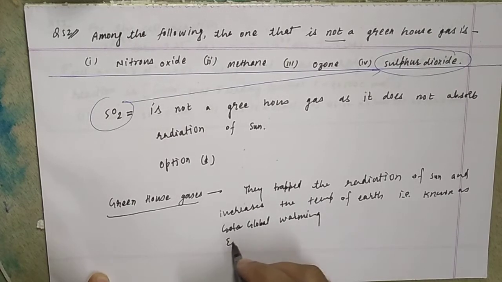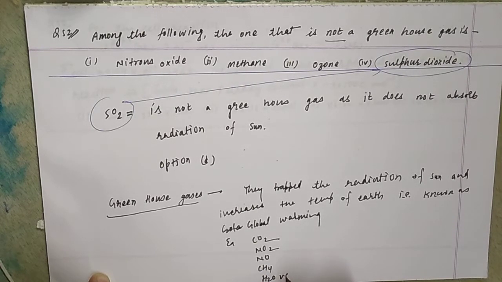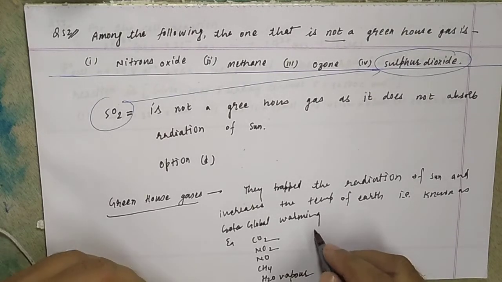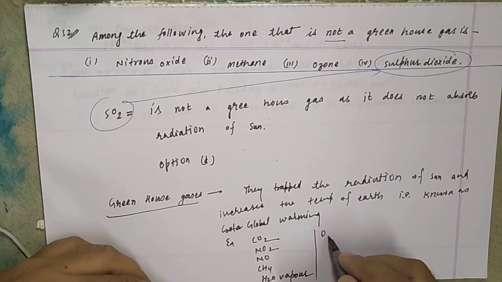And for example, what are there? The main is carbon dioxide, nitrogen oxide, all the oxides of nitrogen. Then CH4 is there. Even water vapor is also one of the absorbers of the infrared radiation.